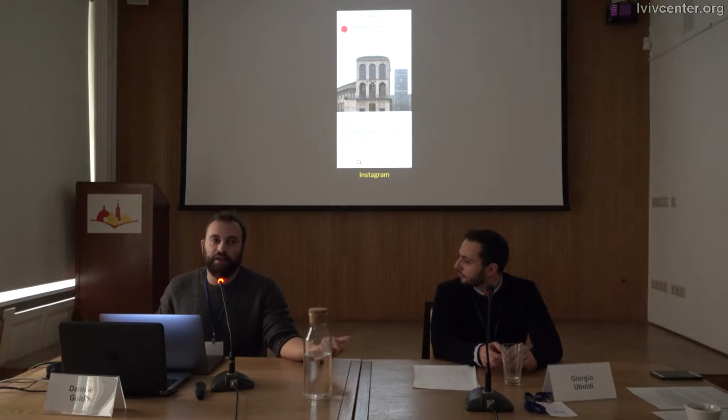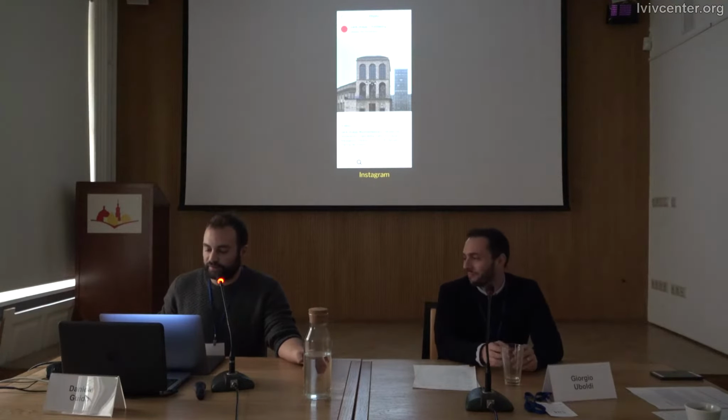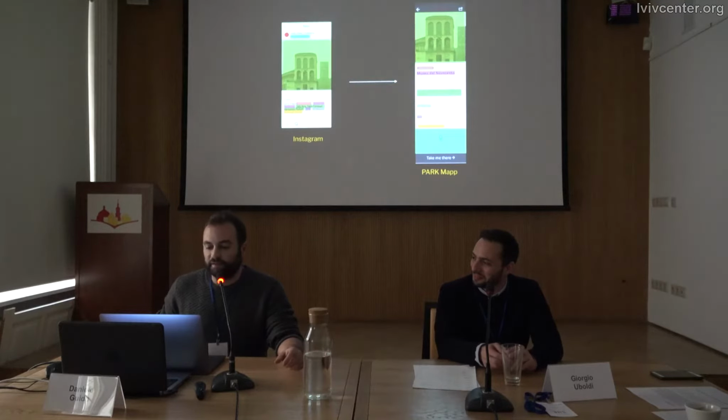And we noticed that everyone there was using Instagram. Everyone knows how to use Instagram. And we decided to take advantage and exploit the big giants of Silicon Valley. We taught them how to use Instagram as a CMS. Basically they had to georeference the picture in order to get the coordinates.